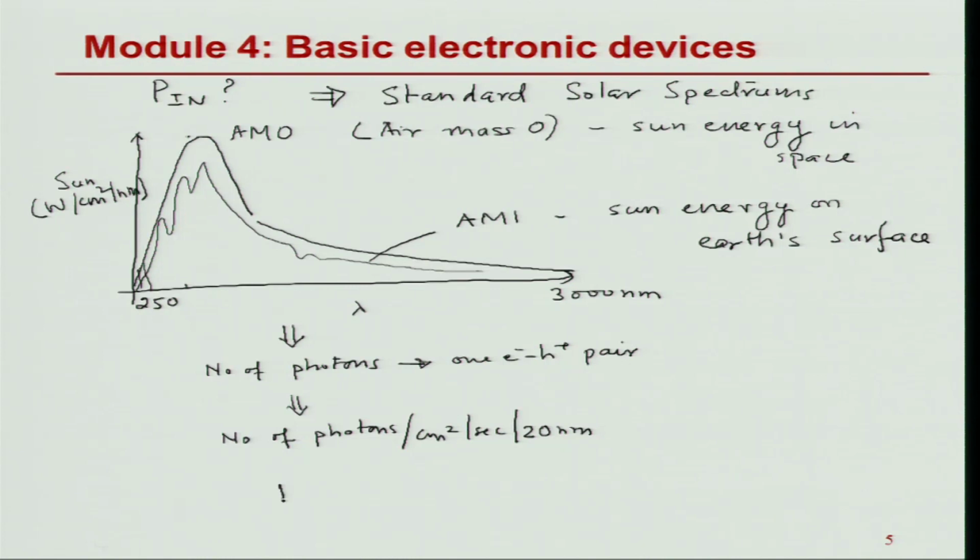So if I need to now calculate P in, the total energy that I am getting in the sun spectrum, I will integrate over all wavelengths. I will take the flux, this I am defining as the flux at different lambda for photons, and the energy at that lambda for the photons, number of photons multiplied by energy. If I integrate this, this is my total power in.